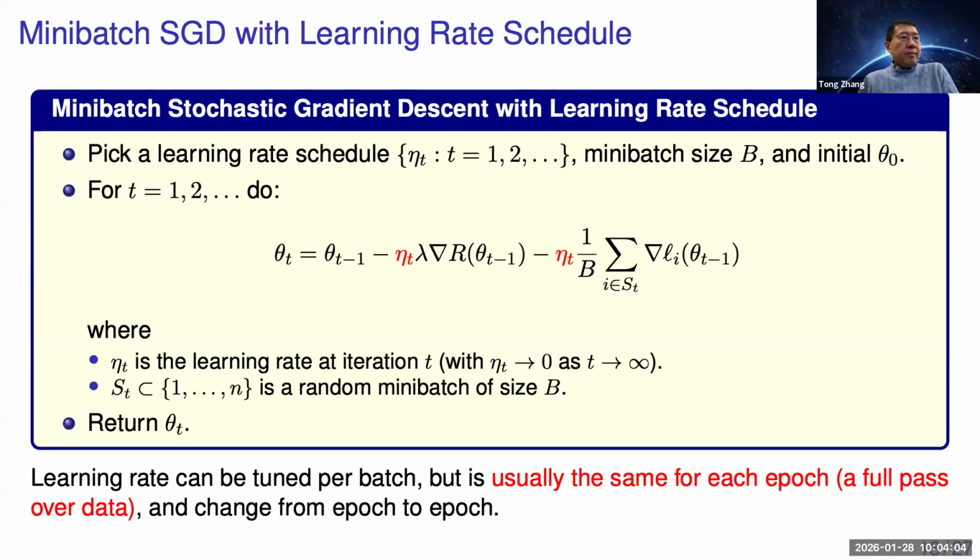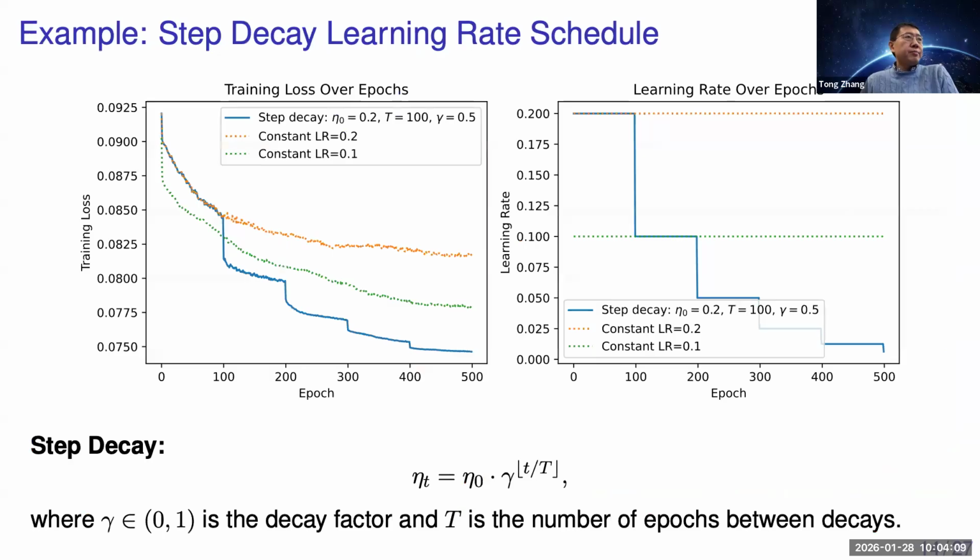So we can take a look at one particular schedule, the so-called step decay. Step decay is based on epochs, though you could make it based on steps as well. Essentially, every few epochs, you do a jump. This one says every t epochs, you reduce the learning rate by a gamma factor.